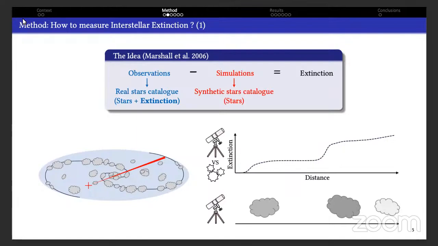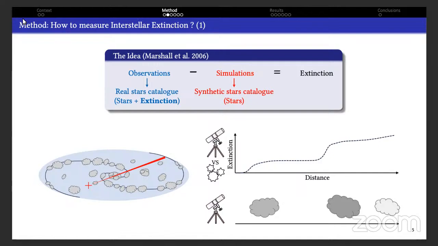Okay, so now how to measure interstellar extinction. The idea comes from the work of Marshall et al., 2006, and is the following. You have on one side observation, which consists of a catalog of real stars. And on the other side, we have a simulation, so a catalog of synthetic stars. For observation, we have the stars and the extinction that we cannot extract. And for the simulation, we only have stars.